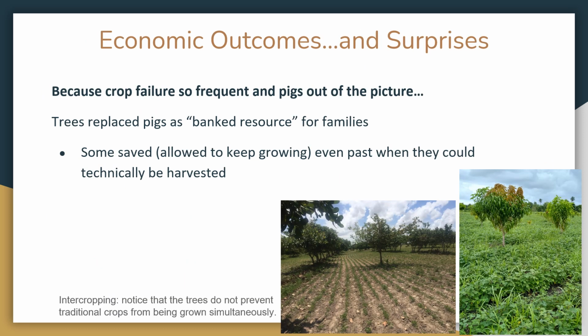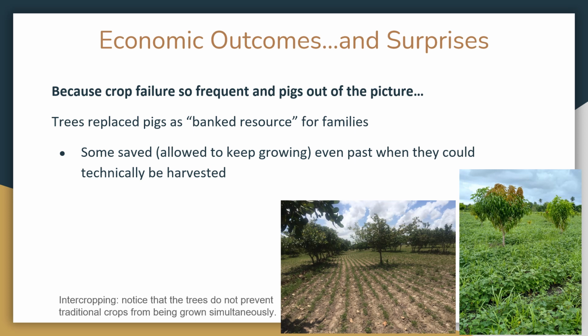So the devastating pig culling event happened in 1982. And this, by chance, coincided with the beginning of Professor Murray's tree restoration project.